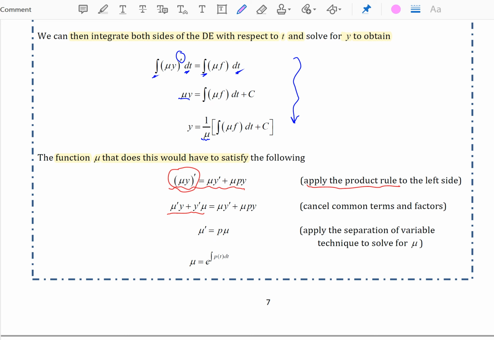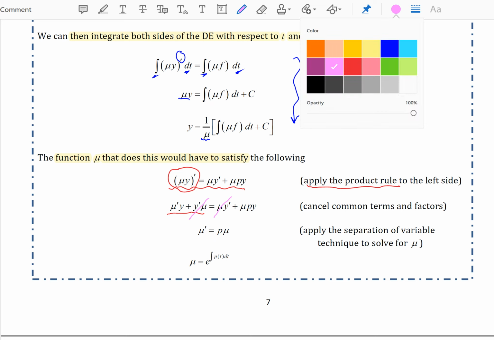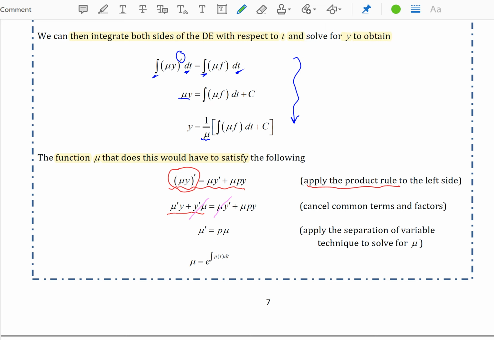So notice this y prime mu here will cancel with this mu y prime here, since they're common terms. This leaves one term on each side of our equal sign. And out of those two terms, notice that we can cancel the y on each of these, which leads us to mu prime equals p mu.